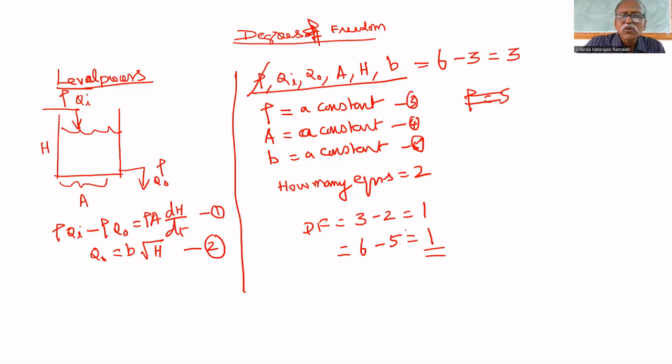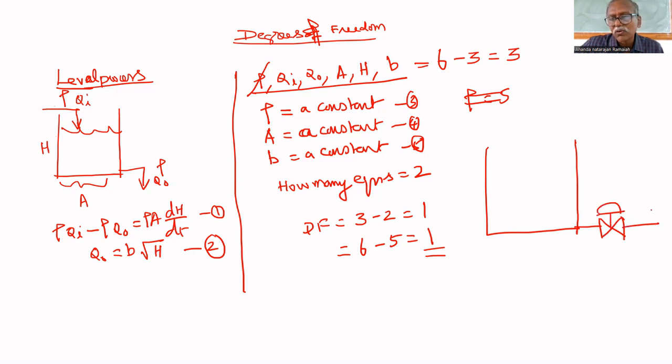Suppose, without knowing this degrees of freedom, I want to control 2 variables. For example, I want to control Q naught, outflow rate. I am putting one valve here to control outflow rate.